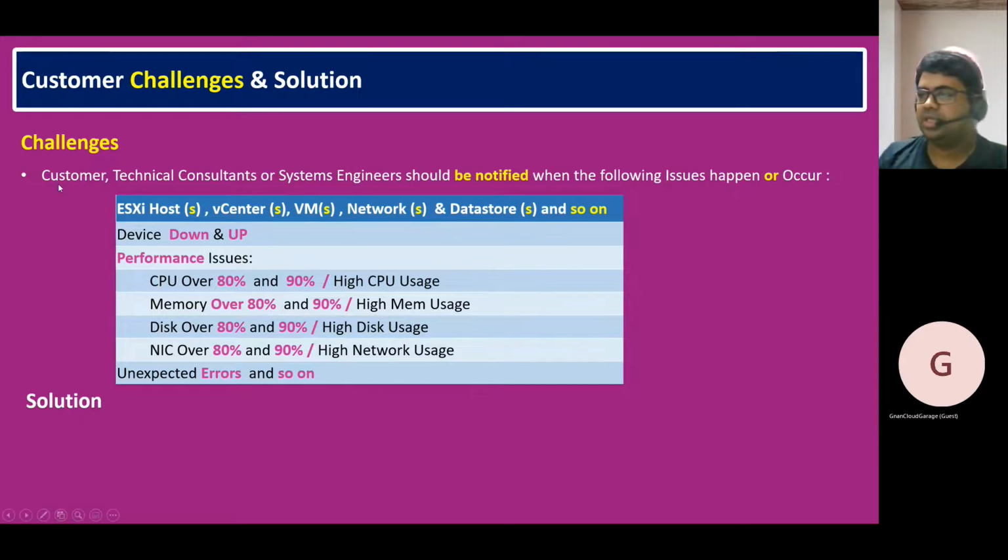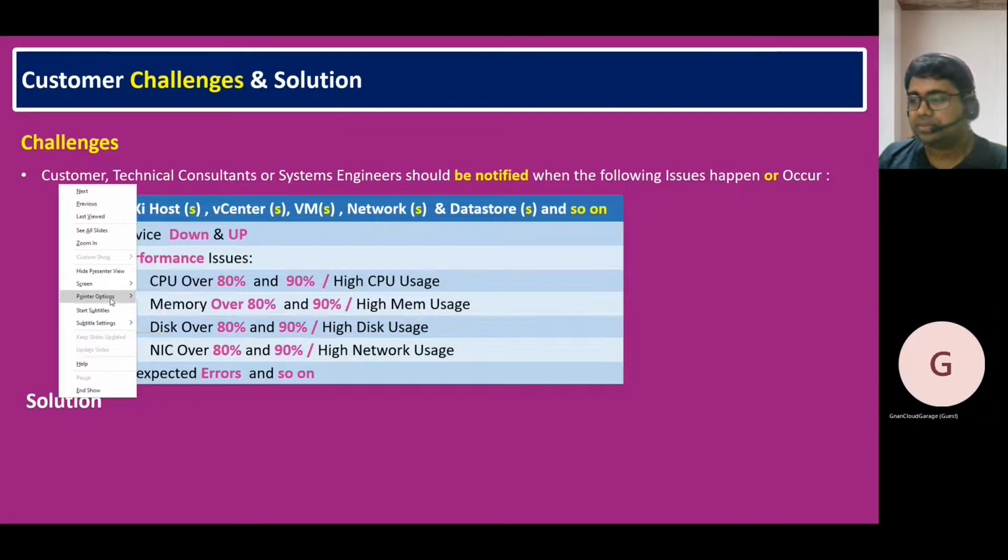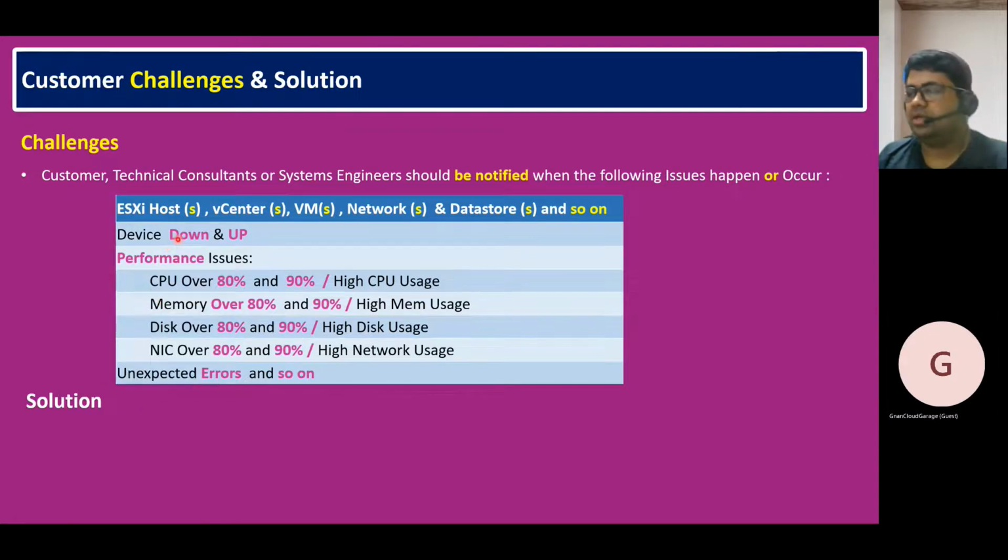In this diagram, I have given some high level challenges. Let's say we have in our vCenter environment ESXi hosts, vCenter server, virtual machines, networks, and data stores, and so on. There will be chances of a device going down. Here device means an ESXi host, the vCenter server, or a VM.